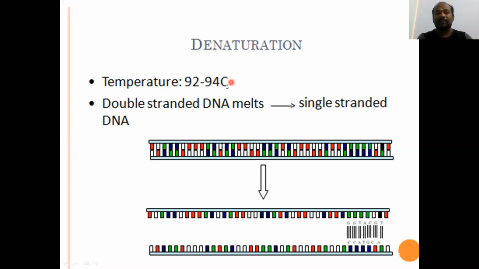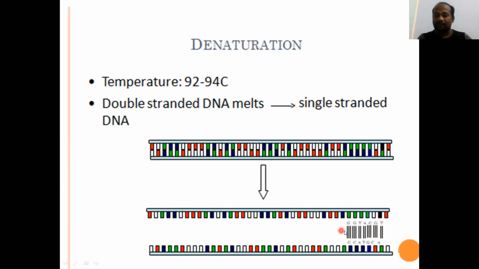With this high temperature, 94 degrees Celsius, the double stranded DNA melts and is broken into single stranded DNA molecules. This happens when we increase the temperature to around 94 degrees Celsius in the thermal cycler machine.